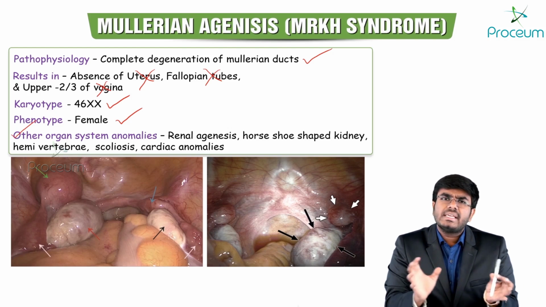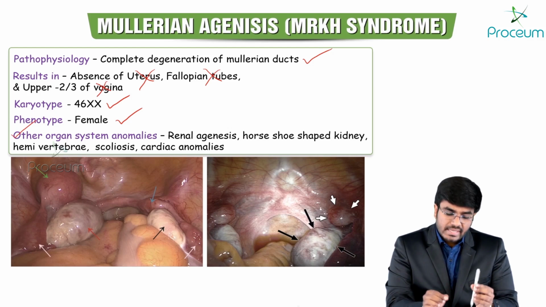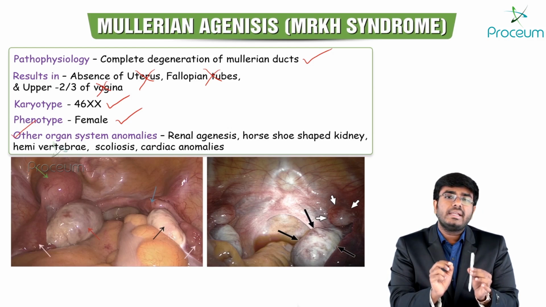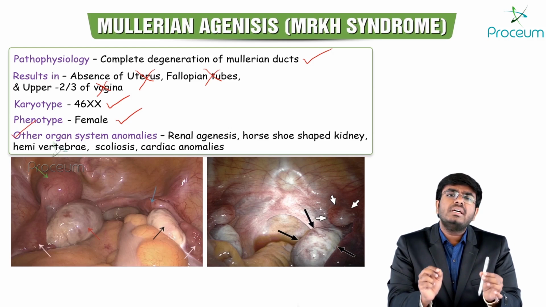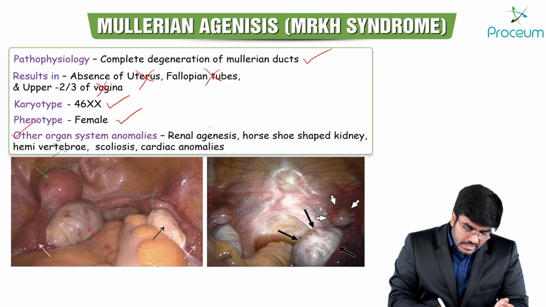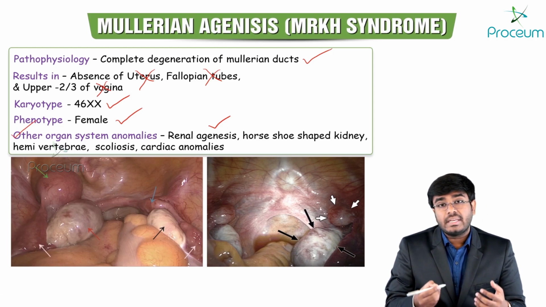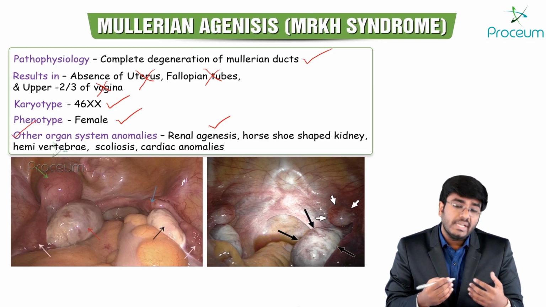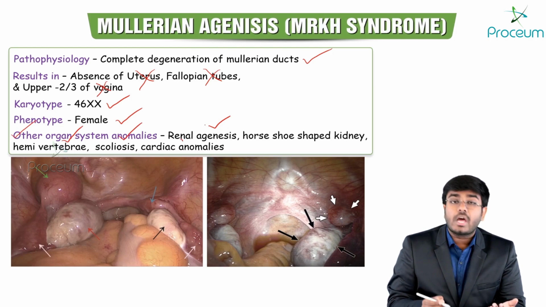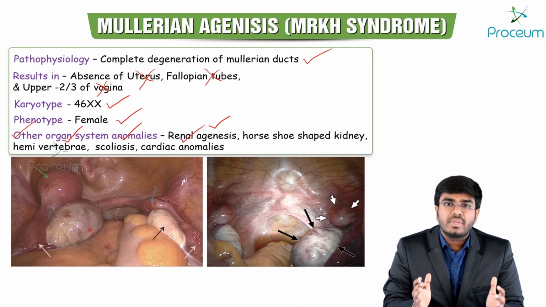No. The surrounding area will also be destroyed. In the same way, in Mullerian agenesis, not only the Mullerian ducts are affected, certain other embryological structures can be affected. So there can be associated renal anomalies like renal agenesis or horseshoe kidney, hemivertebrae, scoliosis, and cardiac anomalies can be seen in these females with Mullerian agenesis.